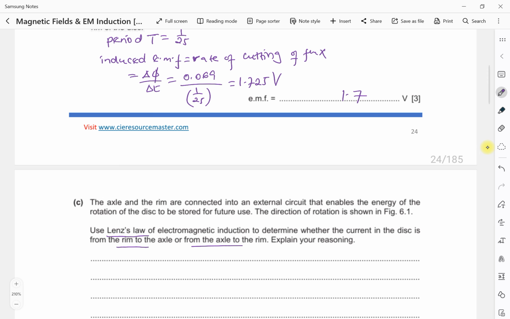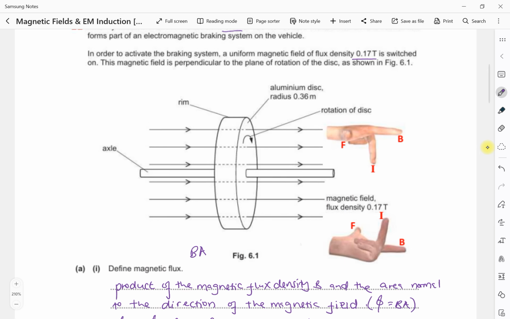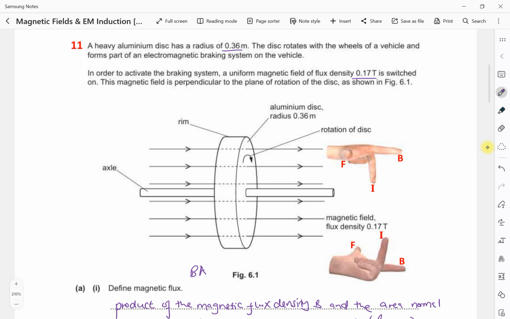When you look at the diagram here, notice that the disk is rotating in the direction shown by the arrow.